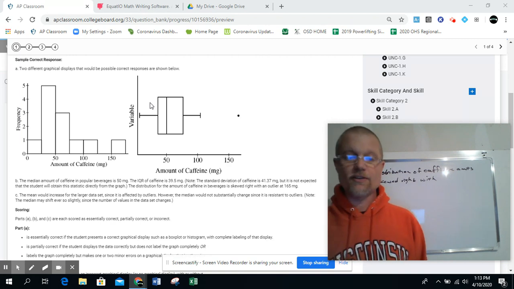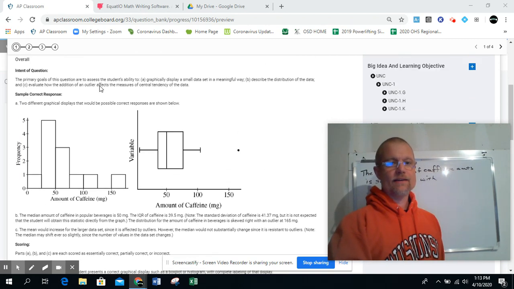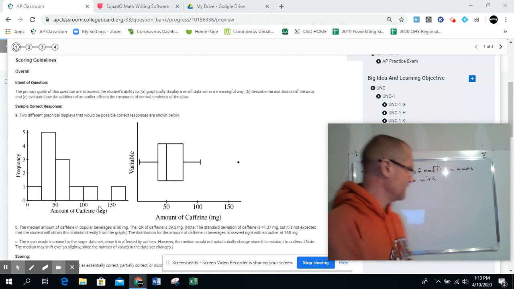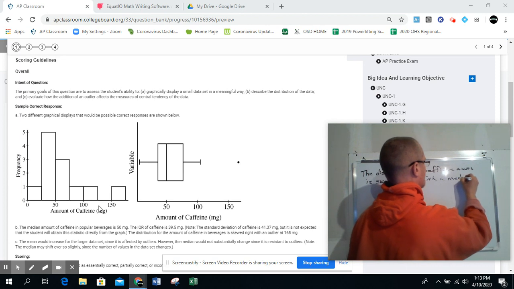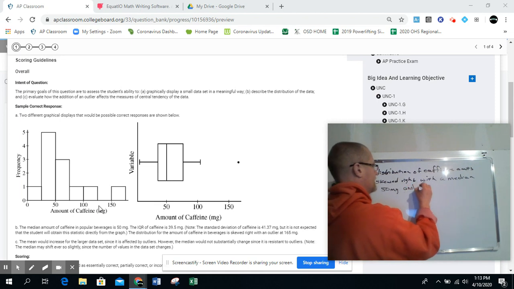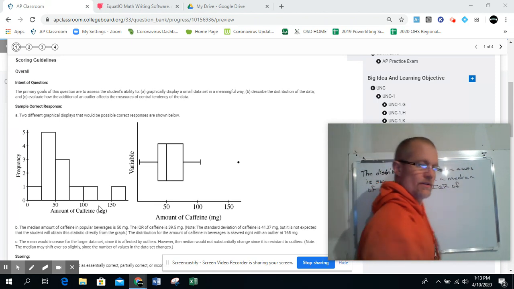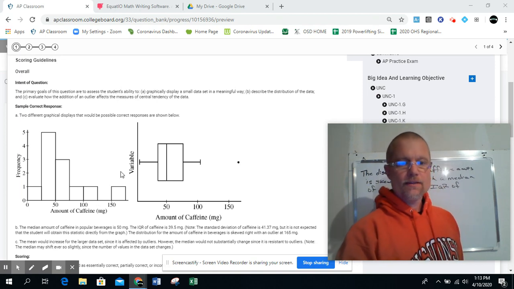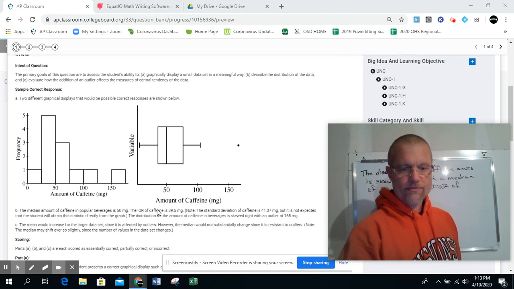Now we've got to talk about the center. Where is this thing centered? If you took the median, because it's skewed, we have to use the median. So with a median of 50 milligrams and an IQR of, and that's the spread, the IQR of 39.5, I think.